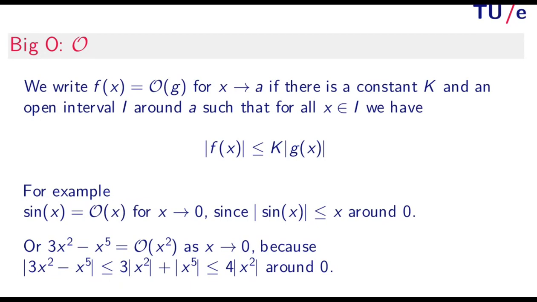But if x is in the neighborhood of 0, then x to the power 5 is certainly less than or equal to x squared, if you take x at most 1 from 0. So we get that the absolute value of 3x squared minus x to the power 5 will be at most 4 times the absolute value of x squared. And indeed, we find that 3x squared minus x to the power 5 is big O of x squared.